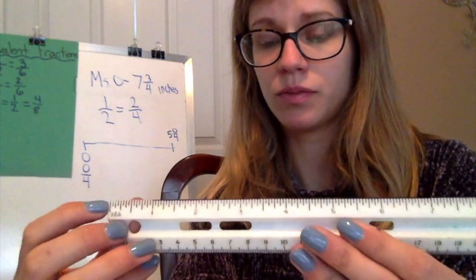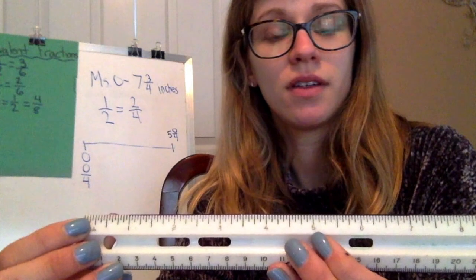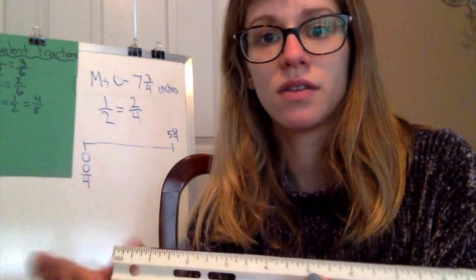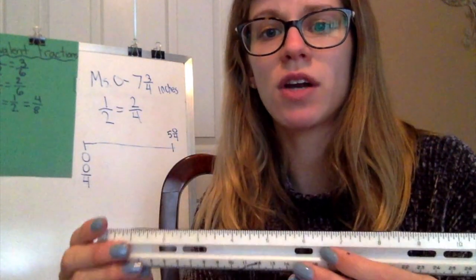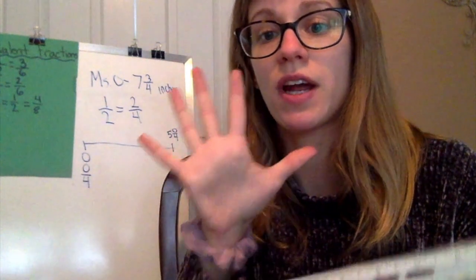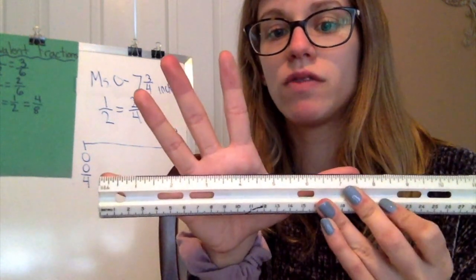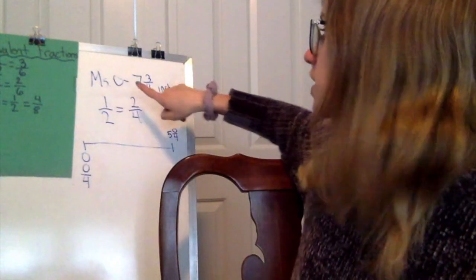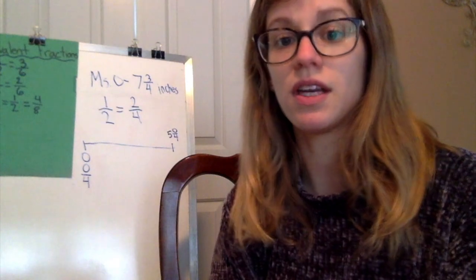Just like if I had a number that was if I measured just 5, it would be equal to 5 0/4, or just 5. So on a random piece of paper, try to measure as many people as you can of their hand span. So when they're completely stretched out, make sure that their pinky or their thumb is at the edge of the ruler, and write it just how I did. So Miss O would be 7 3/4 inches.